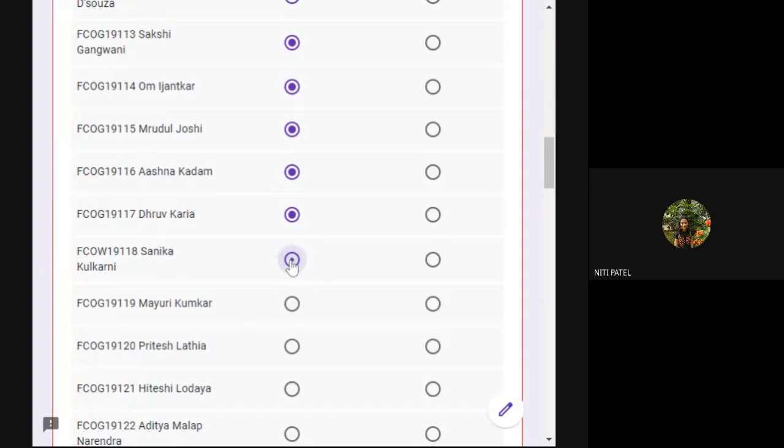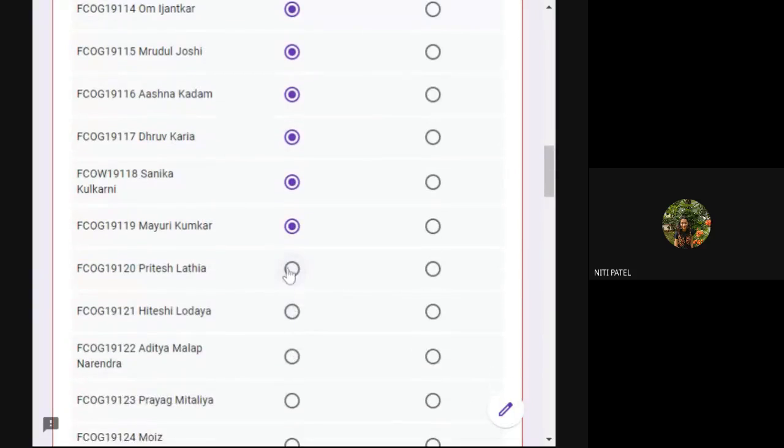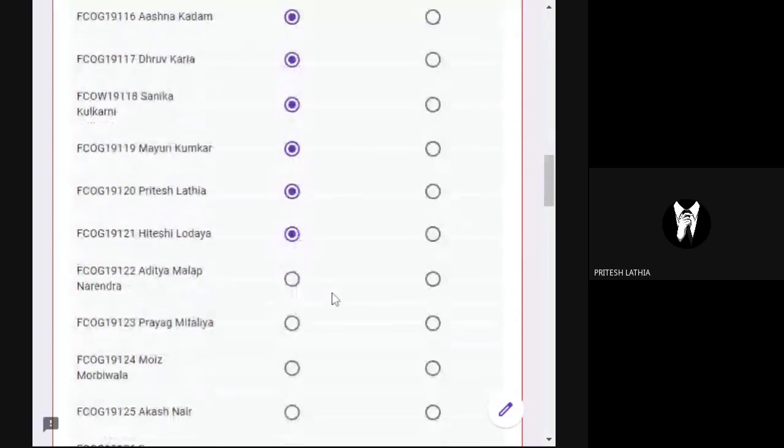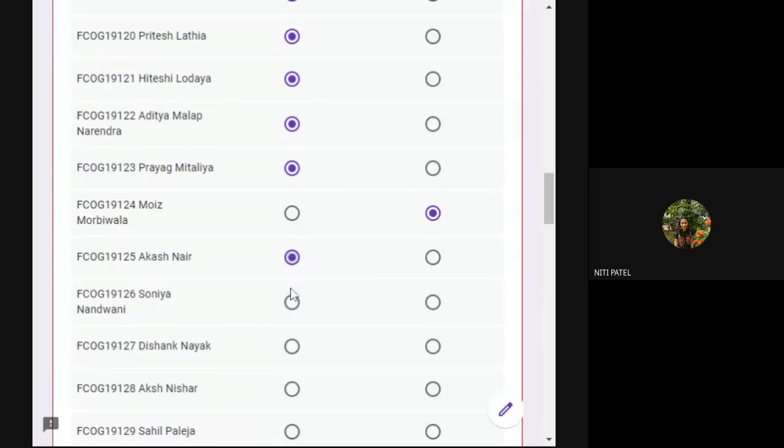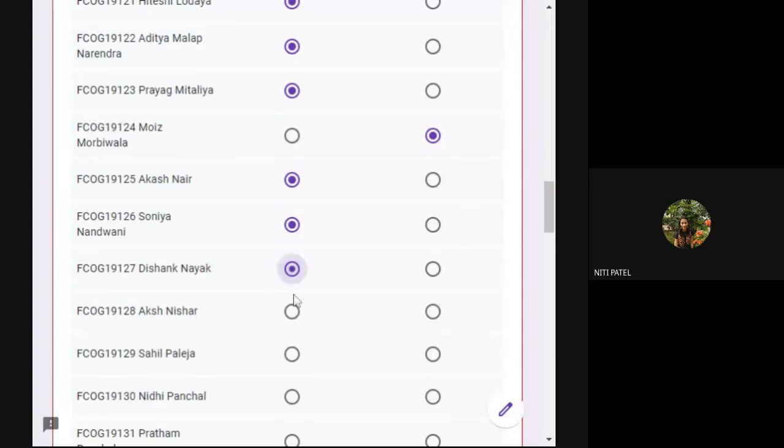Mayuri. Hiteshi. Aditya present. Prayag. Moez. Present, ma'am. Akash. Sonia. Disha. Aksh. Sahil. Nidhi.